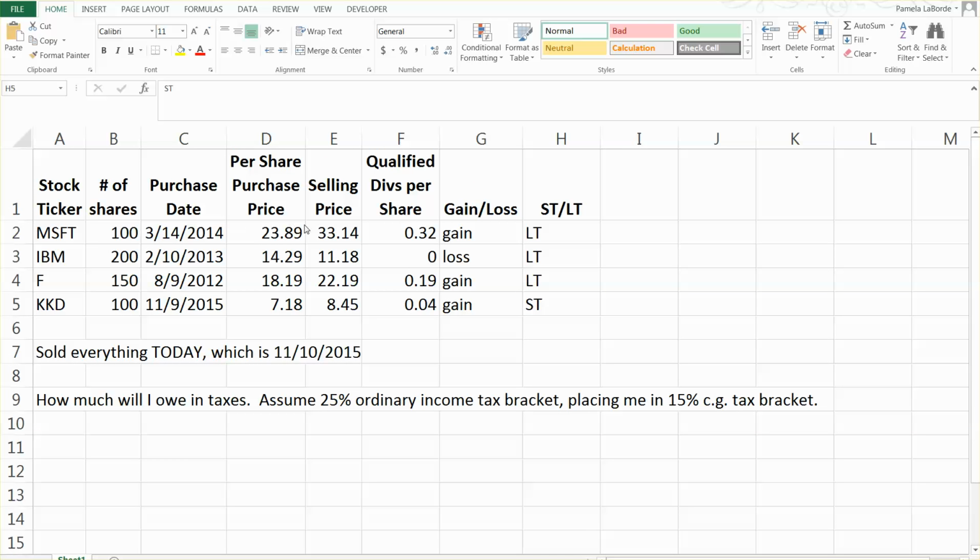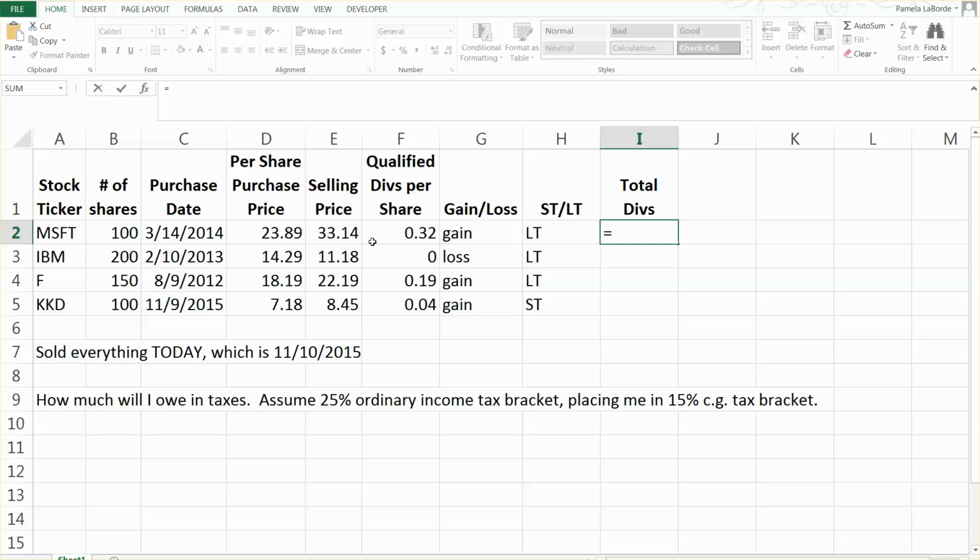So now what I'm gonna do is just tally all my dividends. So my total divs. This is my per share dividend in column F. I want to calculate my total dollar dividend. To do that, I just take my per share times the number of shares that I bought.